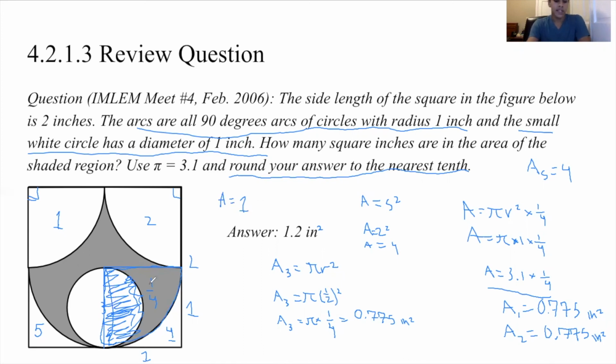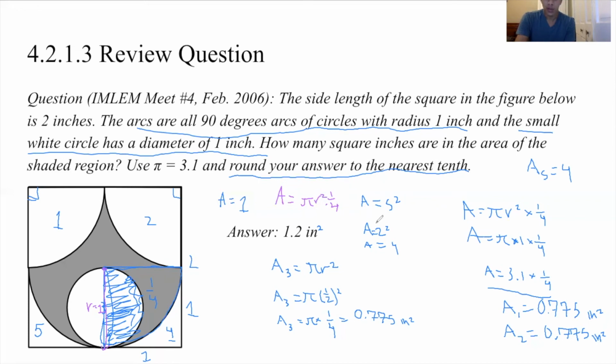All right, so now if we find the area of 1/4 of a circle, which has a radius of 1 inch, because remember, when we go from here to here, and I know it's a little bit hard to see, so I'll draw it in a different color. When we go from here down to here, that's a radius of 1 inch. All right, so now if we do 1/4 of a circle, area equals pi r squared times 1/4, then we get pi times 1, because r squared is 1, and then times 1/4.